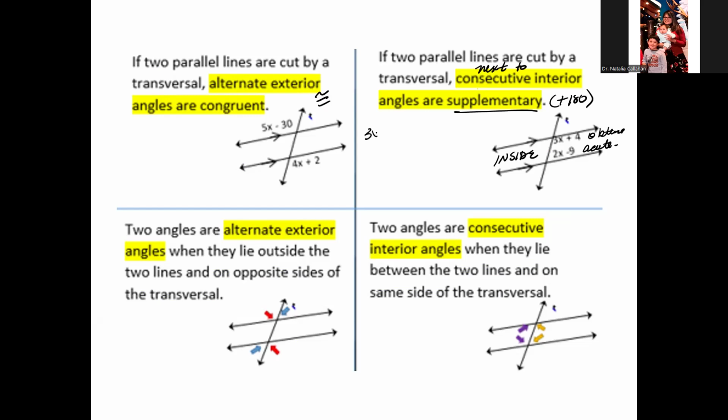So I'm gonna do 3x plus 4 plus 2x minus 9 equals 180 degrees.